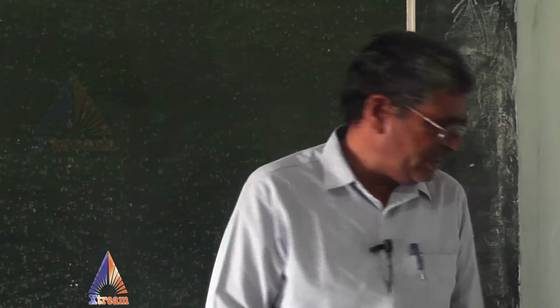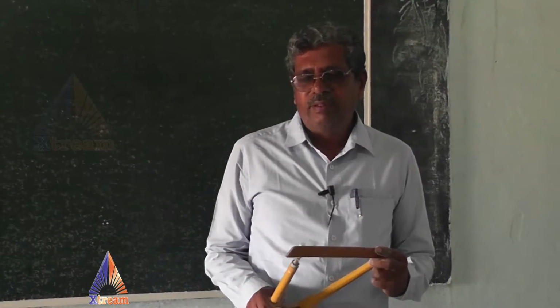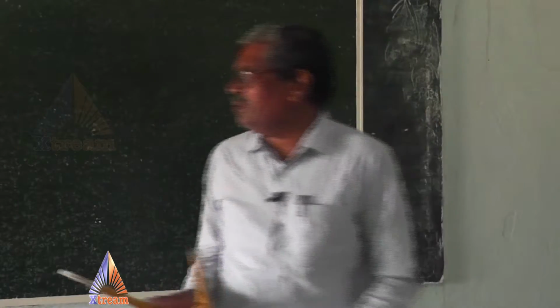At the end of the chord, you can construct the tangent. So in this problem, if the chord and radius are given, in that case you can construct the tangents also. First, your aim is to draw the circle with radius equal to 5 centimeter.